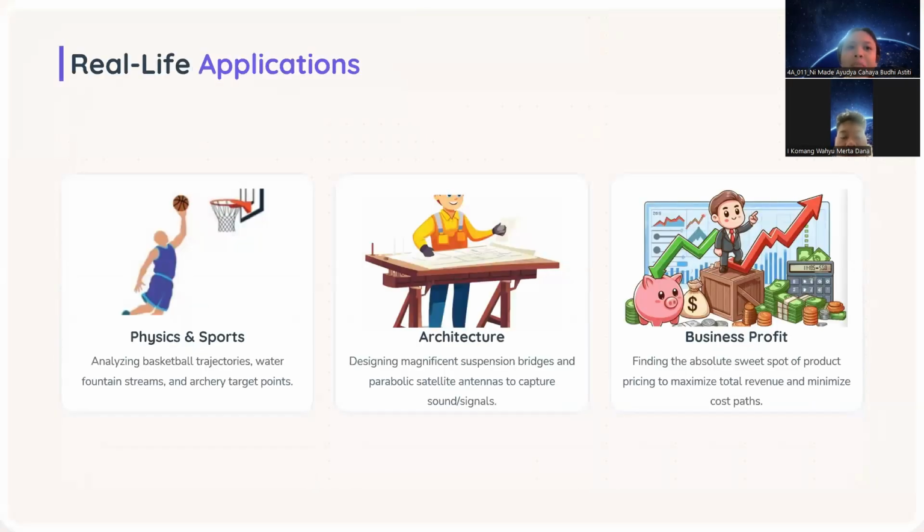So next step is real life applications. A quadratic function has many real life applications. There are a lot of applications in our daily life. One example is projectile motion. When a basketball is thrown into the air, its path follows a parabola.